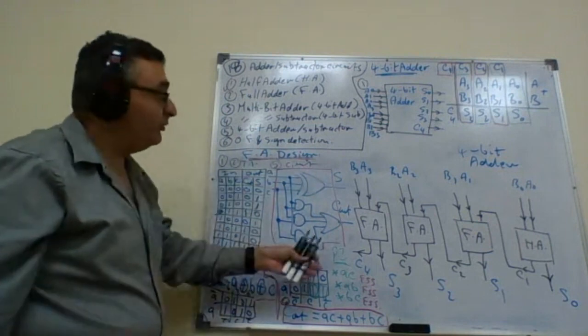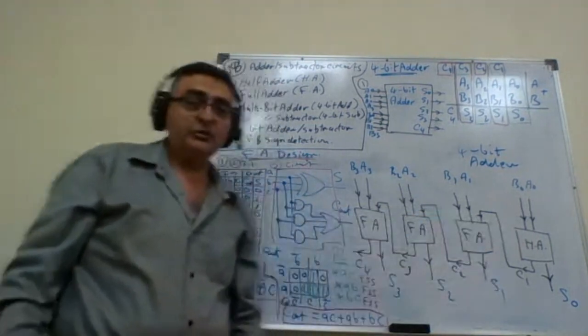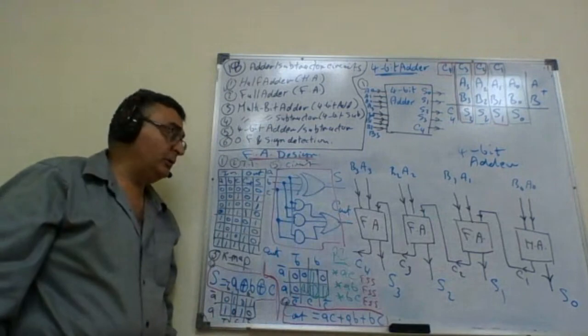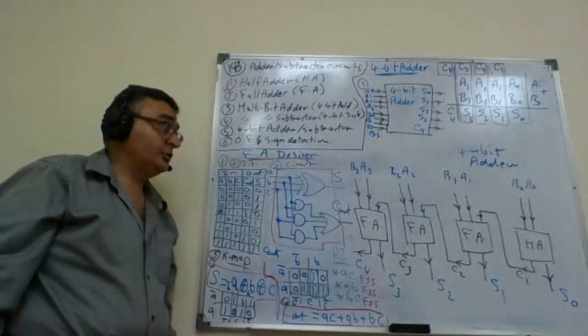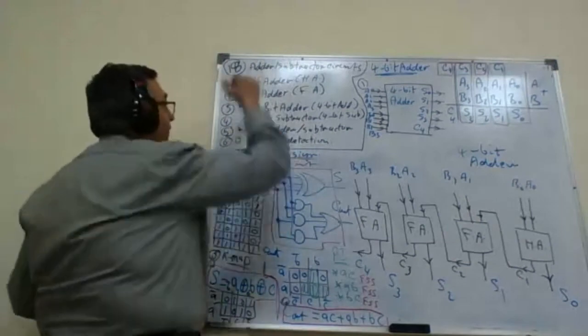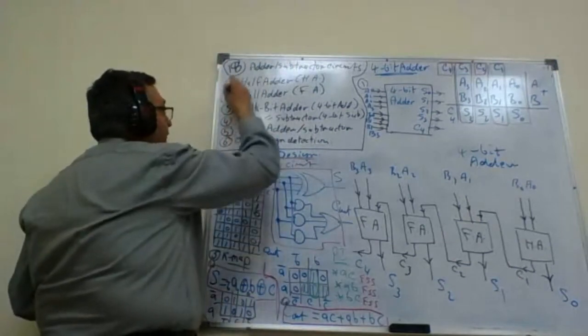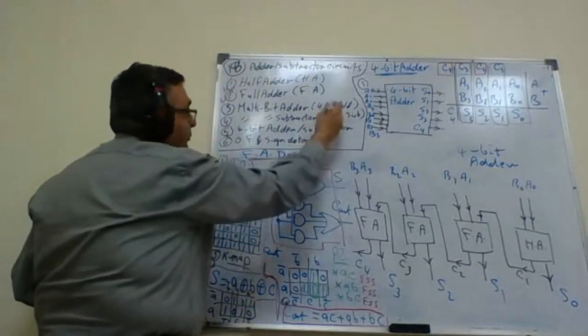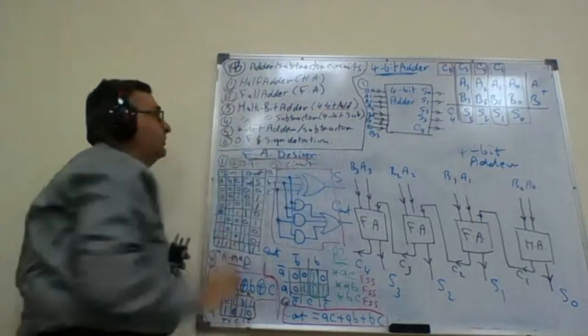More important than all of this is the block diagram that you can use in order to implement other circuits. So right now we succeeded to learn the half adder circuit, the full adder circuit, and the 4-bit adder circuit.